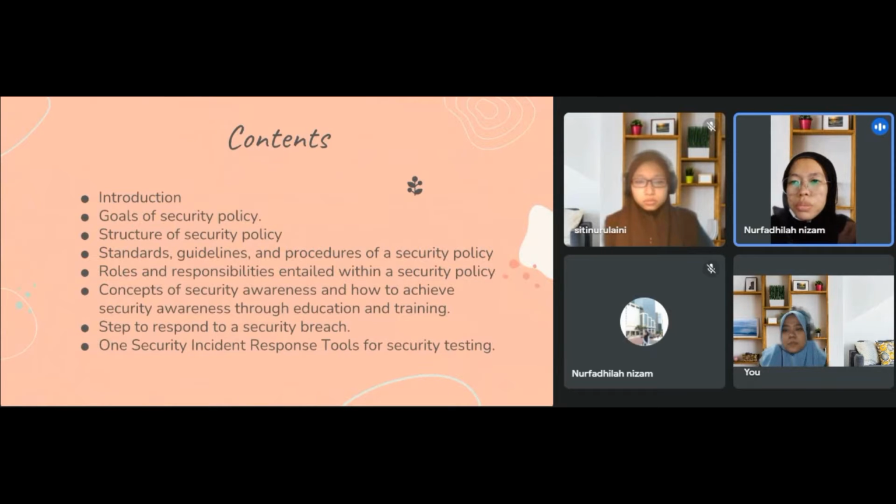The content in our presentation is introduction, goals of security policy, structure of security policy, standard, guideline and procedure of security policy, roles and responsibilities entailed within a security policy, concept of security awareness and how to achieve security awareness through education and training, steps to respond to a security breach, and one security incident response tool for security testing.